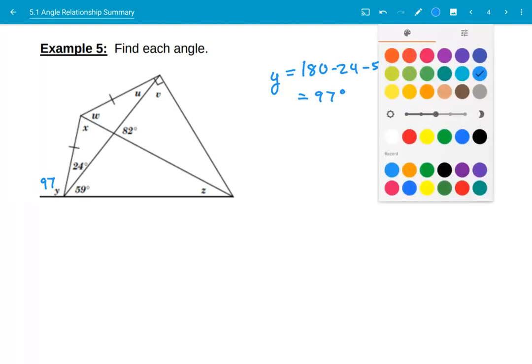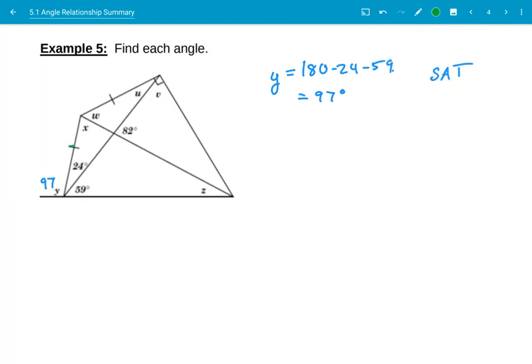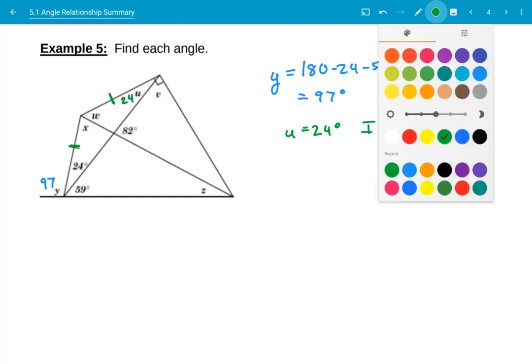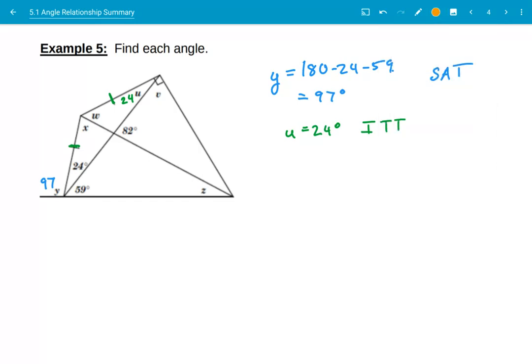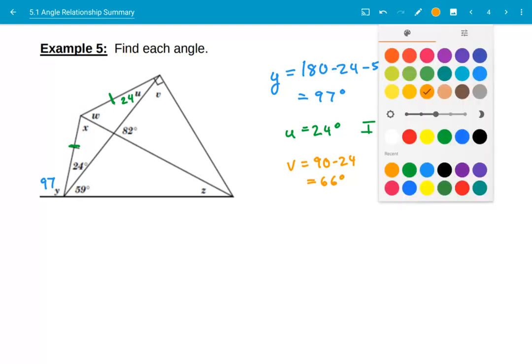The next thing I would do is look at the fact that we have an isosceles triangle here. So we know U is equal to 24 degrees because of ITT. And I'll add that in. The next step I would do is V. So if you see how to do it, go ahead. 90 minus 24 is 66 degrees. Complementary angle because there's a 90 in that corner. All right.